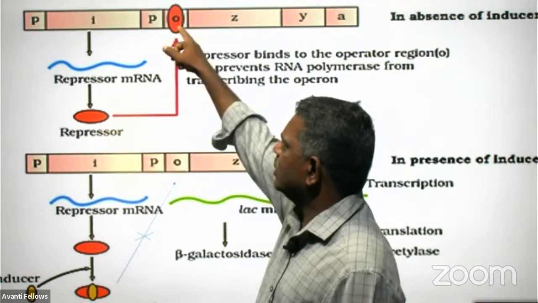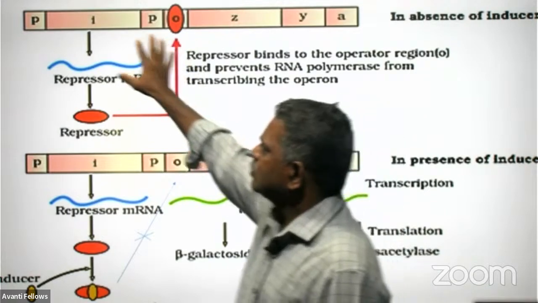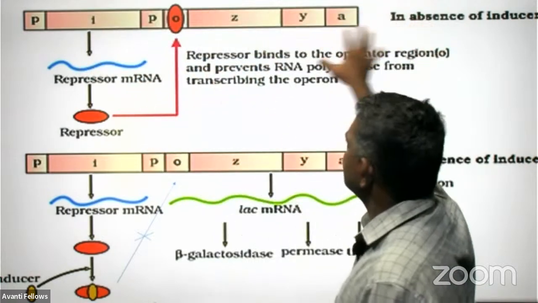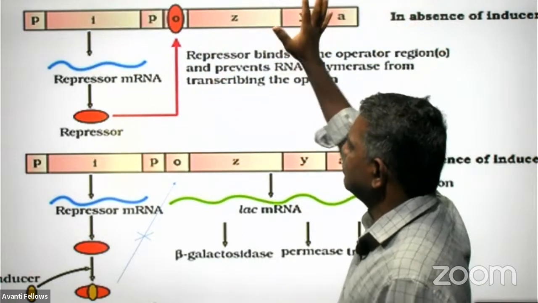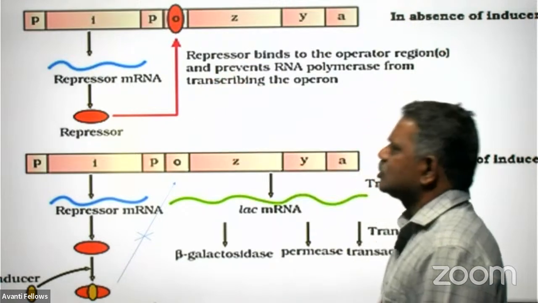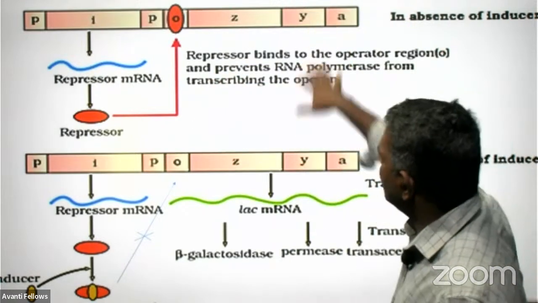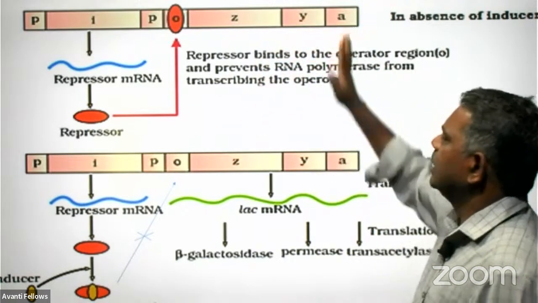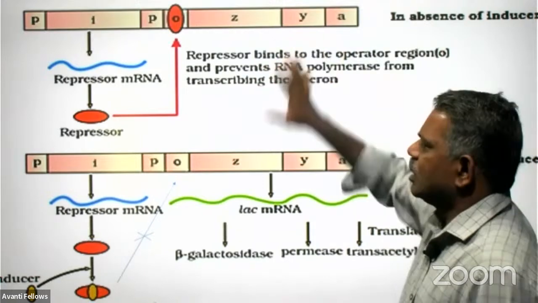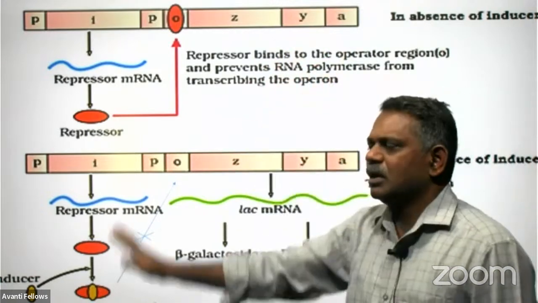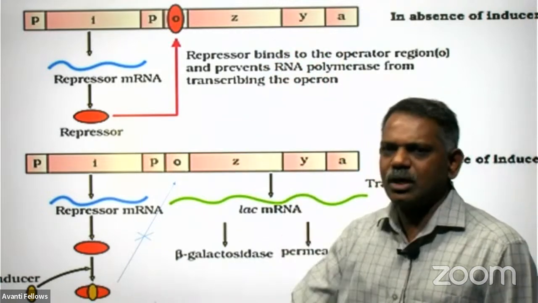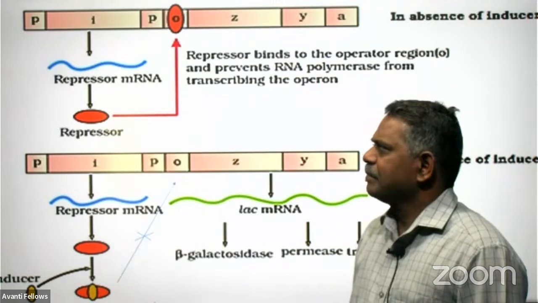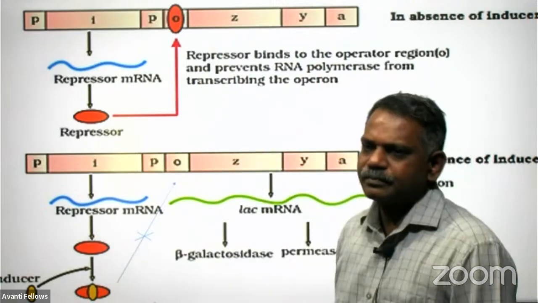It is very active and binds to the operator. So naturally, all other genes present in the system stop functioning. So there is no chance to produce any kind of enzyme by the Z, Y, or A gene. The structural gene is not expressing at all, and it is totally regulated, and its secretion stops. Now the switch is off.